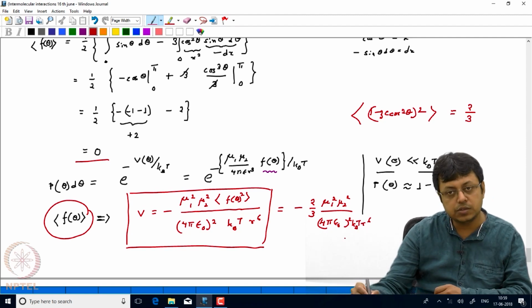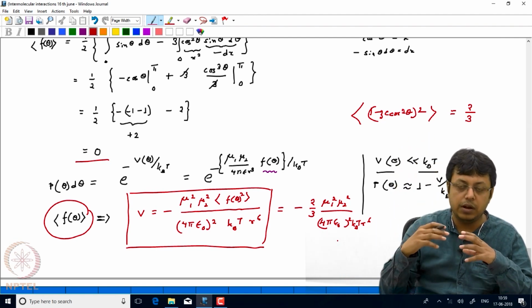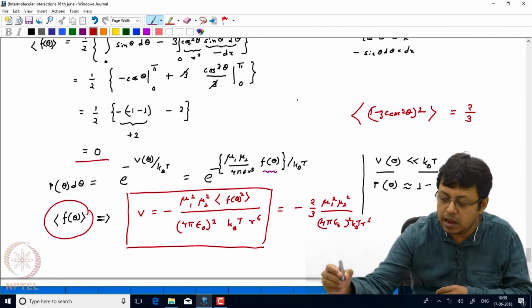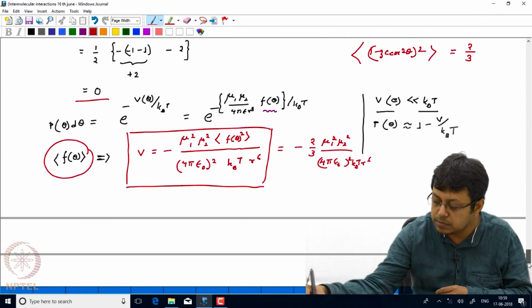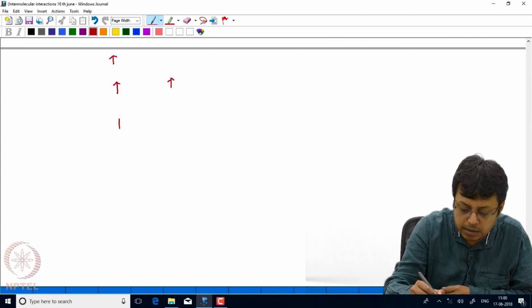Second thing to note is that this interaction depends on the thermal energy, of course, because as you change the theta, we will have some preferred orientation. Like I have basically two dipoles, one dipole is here, and the other dipole can be here, or can be here.